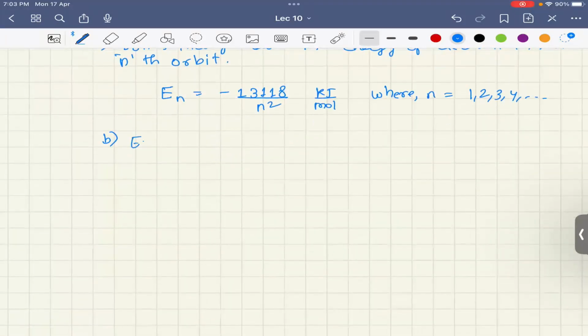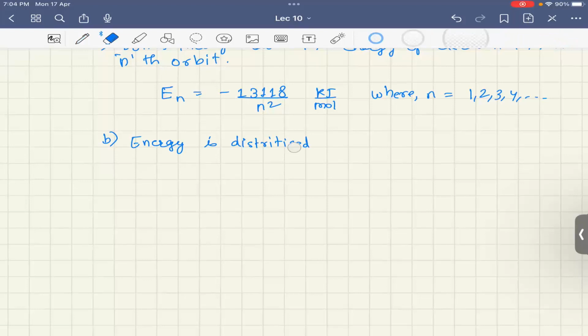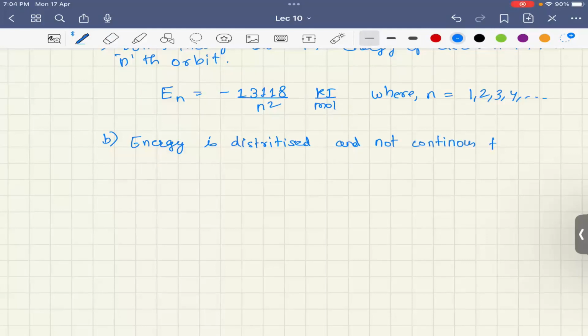So we also concluded that energy is discretized and not continuous for electron. Thus, electron can only take certain fixed values of energy.